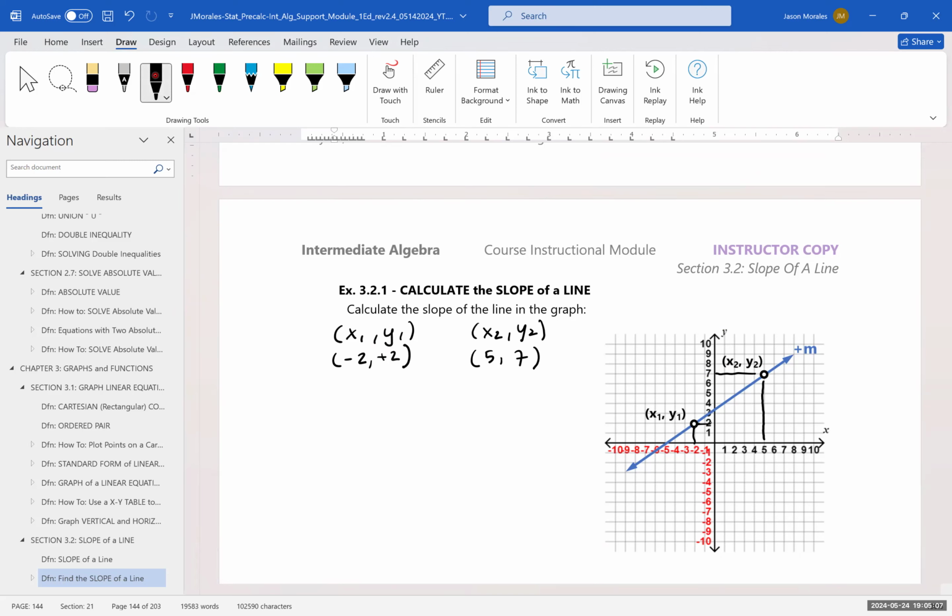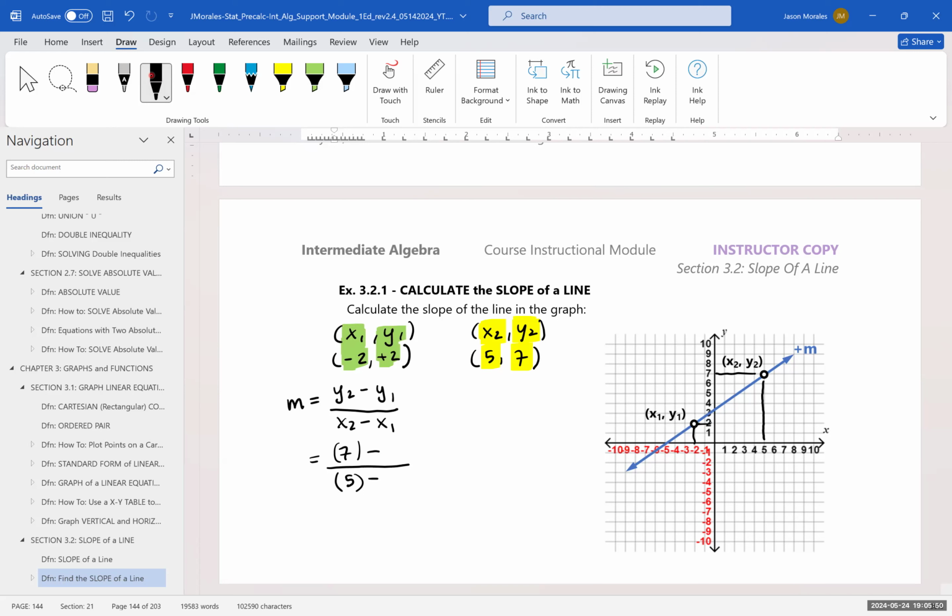So now to calculate the slope of this line, slope is equal to y2 minus y1 all over x2 minus x1. y2 is going to be 7, and x2 is going to be 5. Minus, and then y1 is positive 2, and x1 is negative 2.